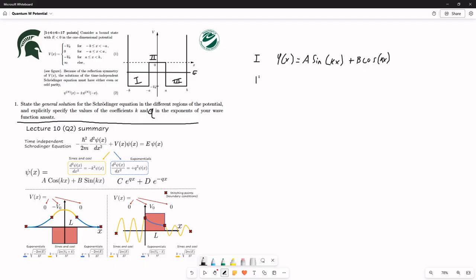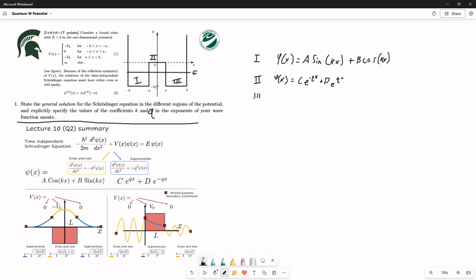For region 2, since we are below the potential, we're going to have psi of x equals c e to the negative qx plus d e to the qx.